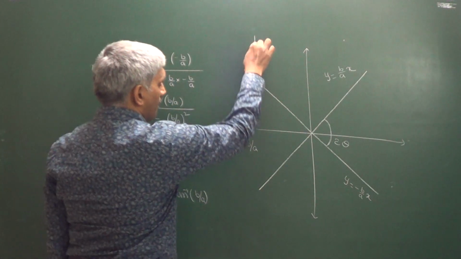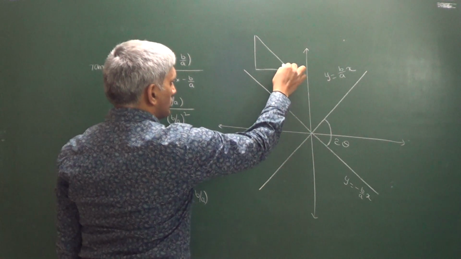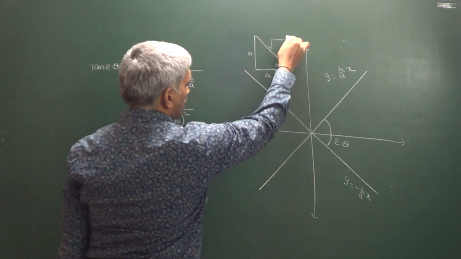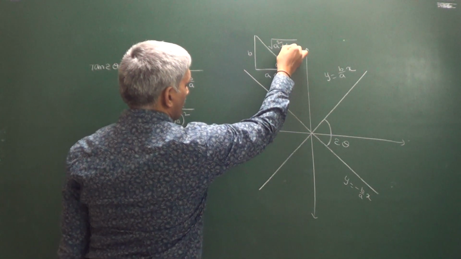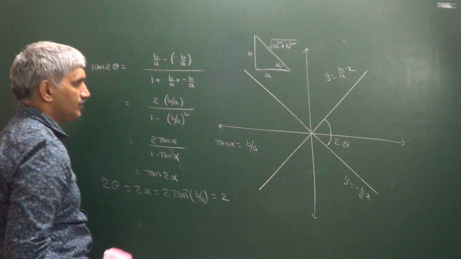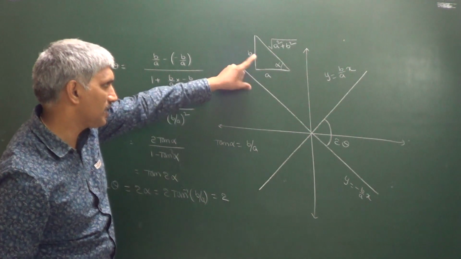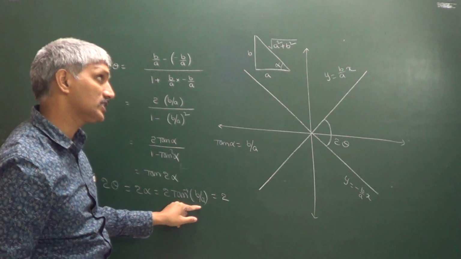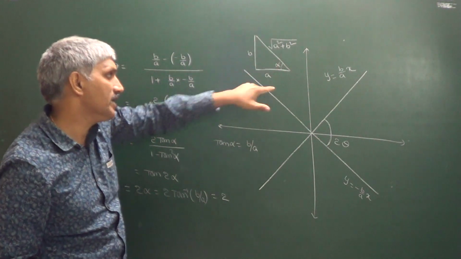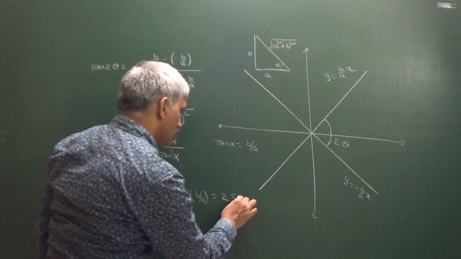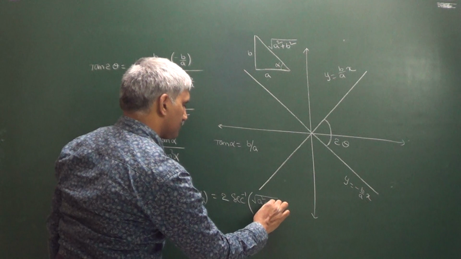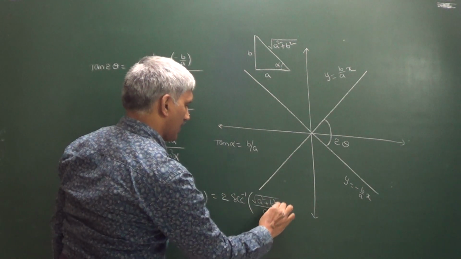Now you can observe here a simple idea. This angle is alpha and we got this one as b and this is a. According to the Pythagoras theorem, we can write this as root of a square plus b square. Now the same answer I want to convert in terms of secant inverse. In terms of tan it is opposite side by adjacent side, but if you want to write in terms of secant, what happens? Hypotenuse divided by adjacent side. That's why we can write this as 2 times secant inverse of root of a square plus b square divided by a.